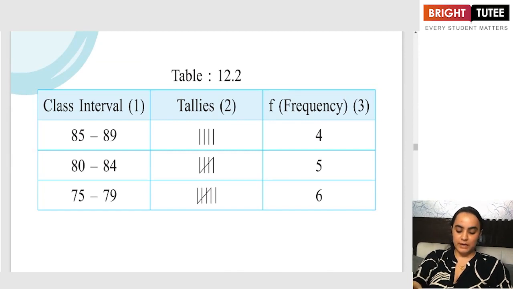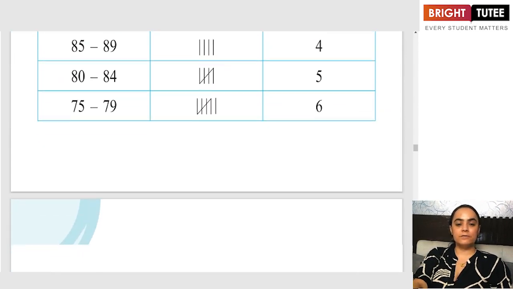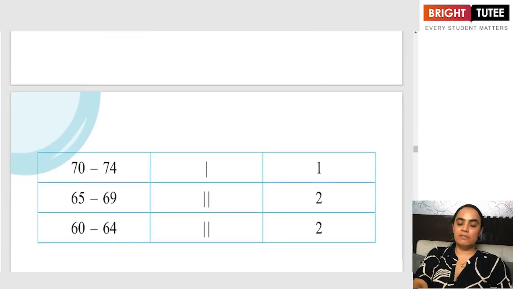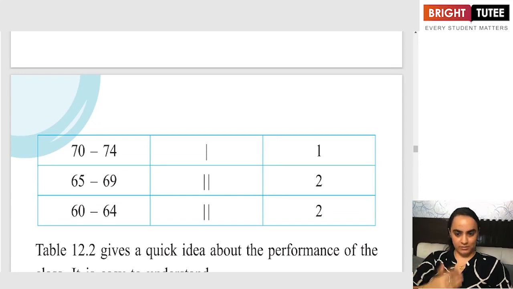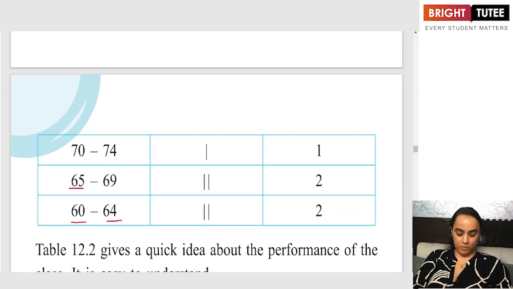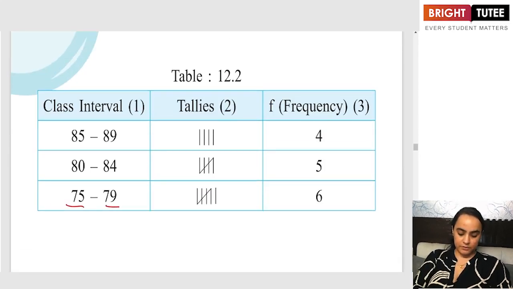They've made the class intervals: 85 to 89, 80 to 84, 75 to 79, 70 to 74, 65 to 69 and 60 to 64. So they began from 60 to 64, 65 to 69, 70 to 74, 75 to 79, 80 to 84 and 85 to 89.